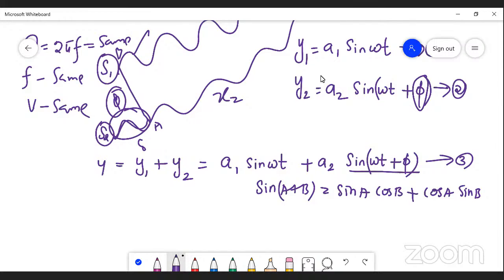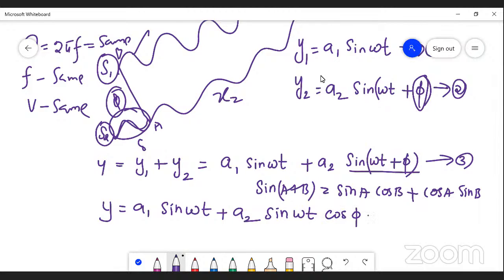Just explaining this in the form of sine of a plus b, the resultant displacement y is equal to a1 sine omega t plus a2 times sine omega t cos pi plus cos omega t sine pi.